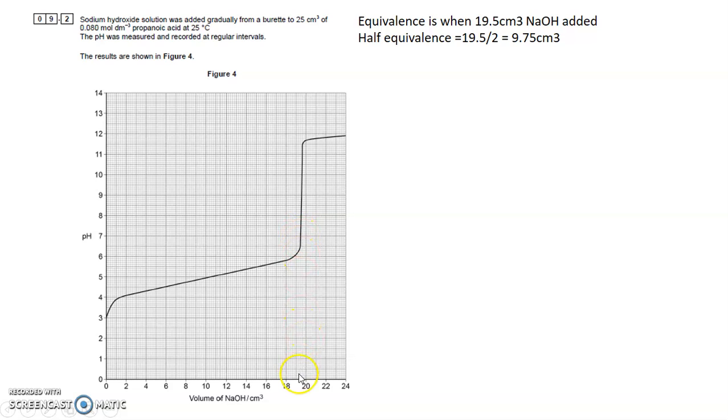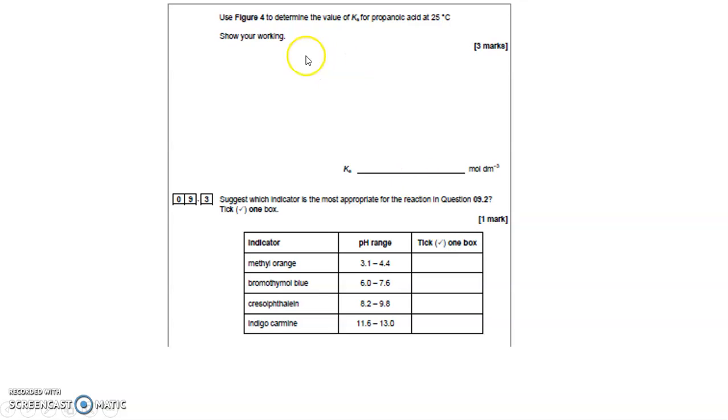So at half that value, half of 19.5, that's 9.75 centimeters cubed added. At this point here, 9.75, around about pH 4.9, something happens. At half equivalence point at pH 4.9, when half of my sodium hydroxide has been added, then pH equals pKa.